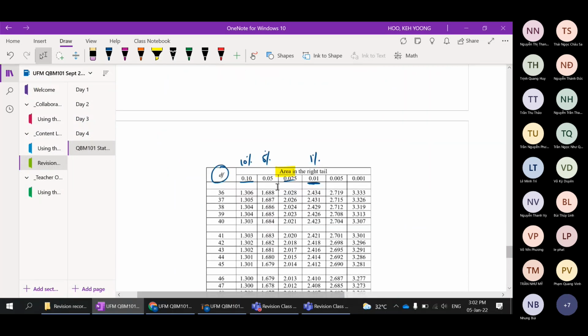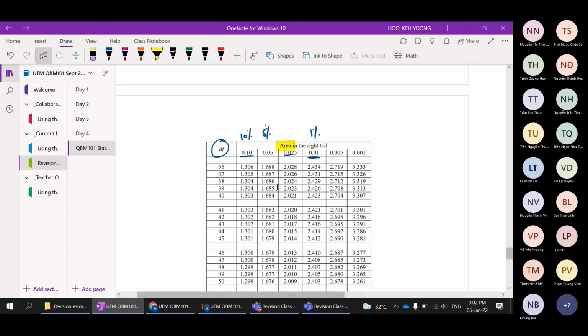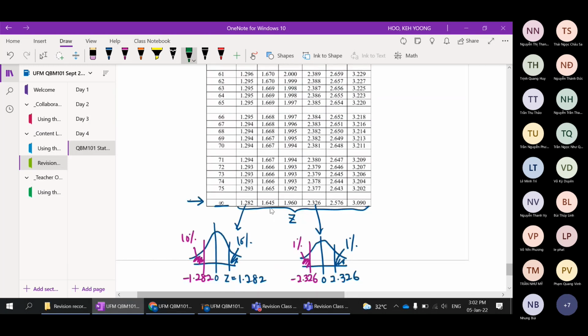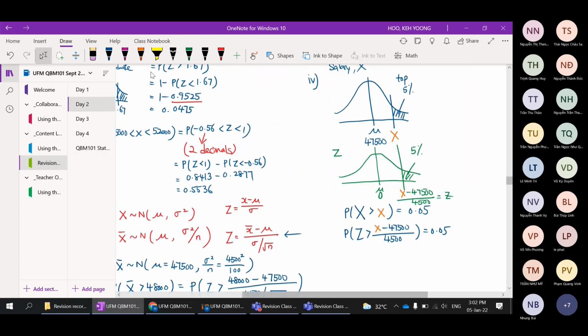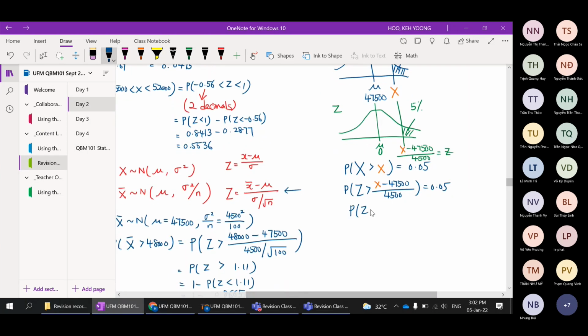What is the area now? The area should be 5%, 0.05. You go all the way down and look at this: 1.645. 1.645 is the Z value for 5%. So Z more than 1.645 is 0.05.